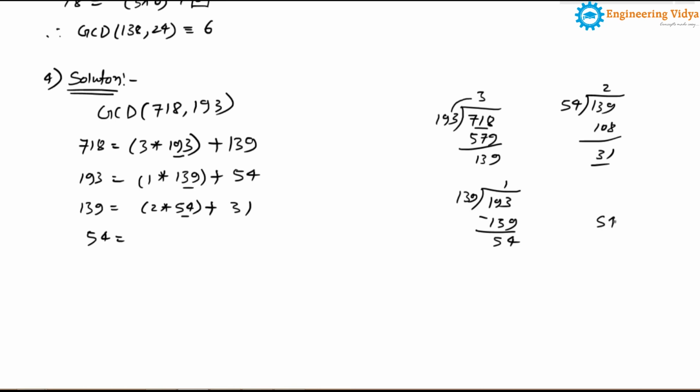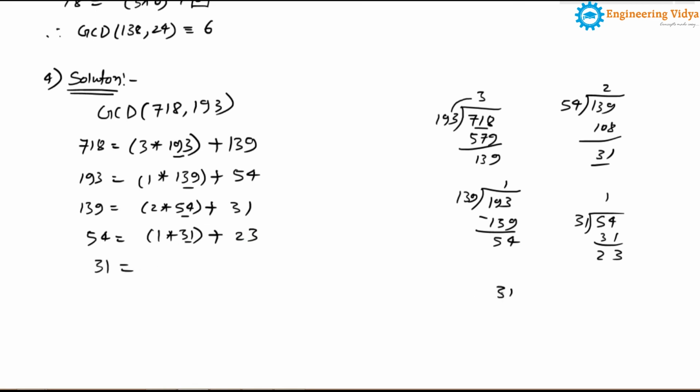Since here we have 54, we'll write 54 over here. Again 54 will be divided by 31. After the subtraction, 54 divided by 31 will go 1 time. So 31, and here 23 will come, right? So here we can write 54 as 1 into 31 plus 23, and then here we have 31, so 31 will be written over here.